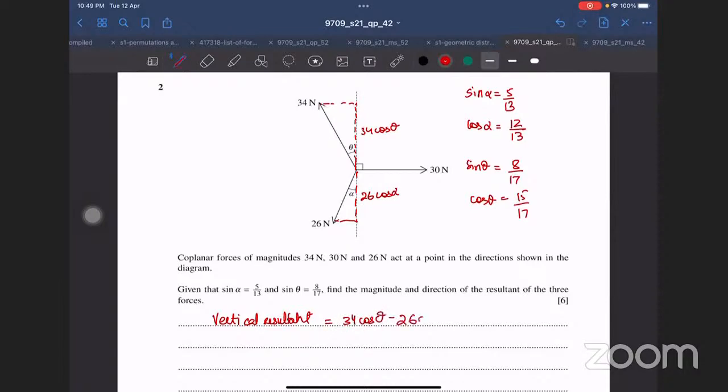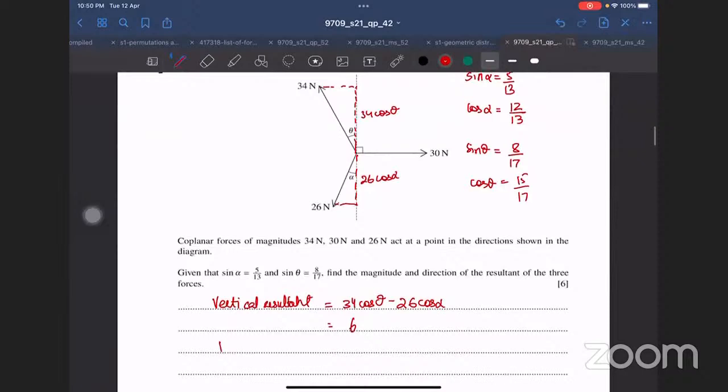So the vertical resultant comes out as 34 into 15 divided by 17 minus 26 into 12 divided by 13. I get 6.